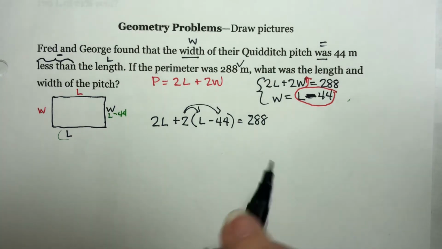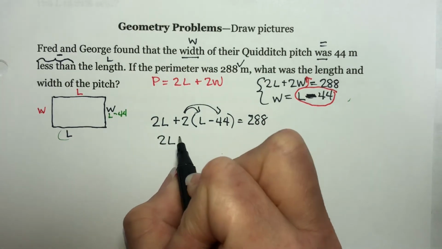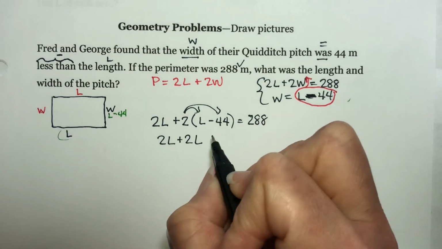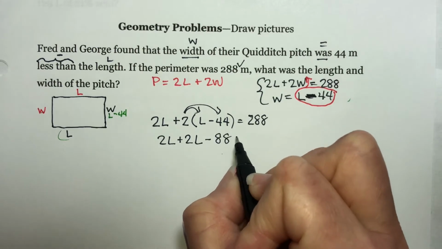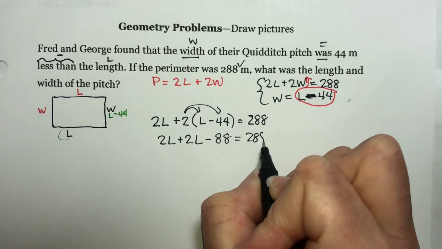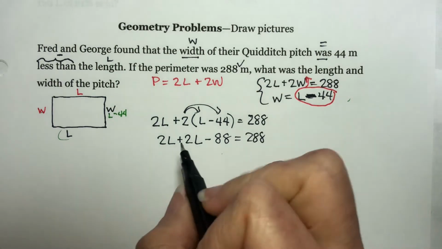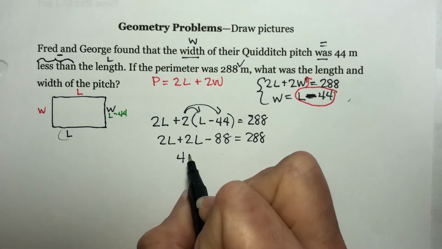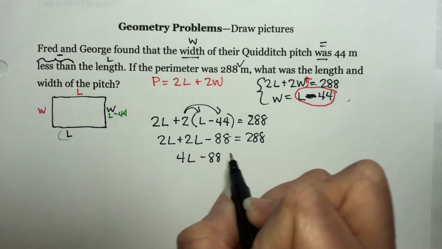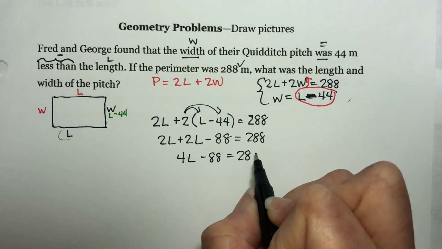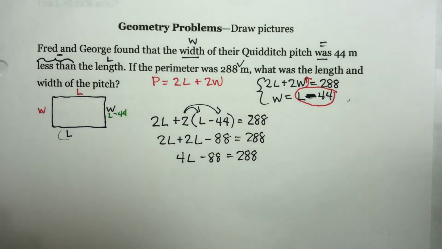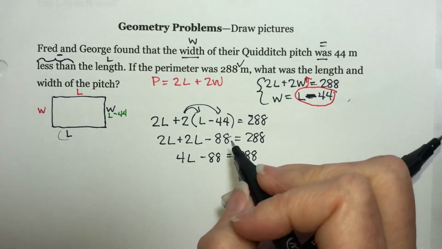And I get 2L plus 2L minus 88 is equal to 288. Combining like terms, that gives me 4L minus 88 is equal to 288.